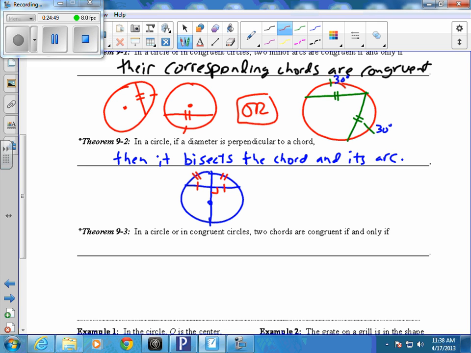Theorem 9.3. In a circle or in congruent circles, 2 chords are congruent if and only if they are equidistant from the center.